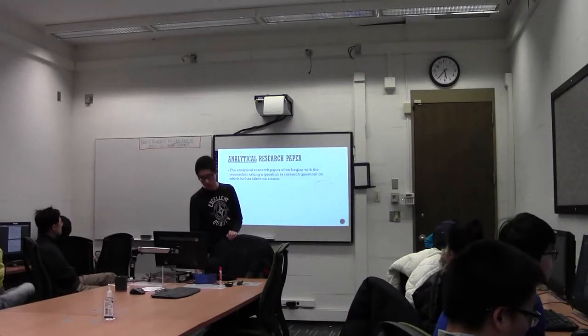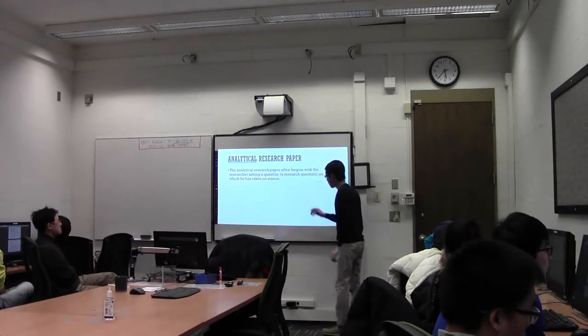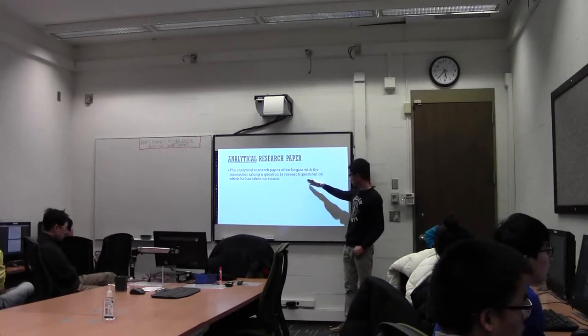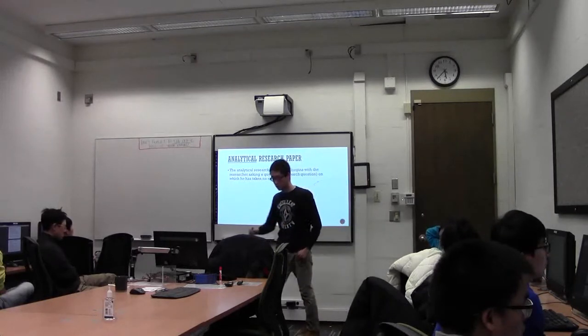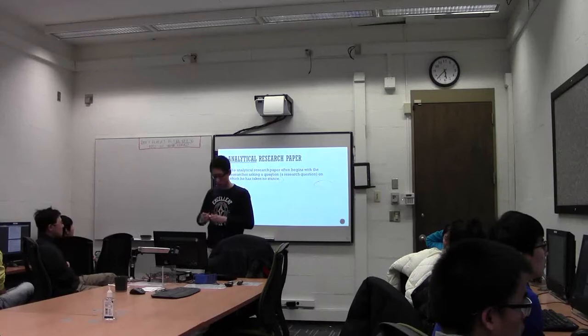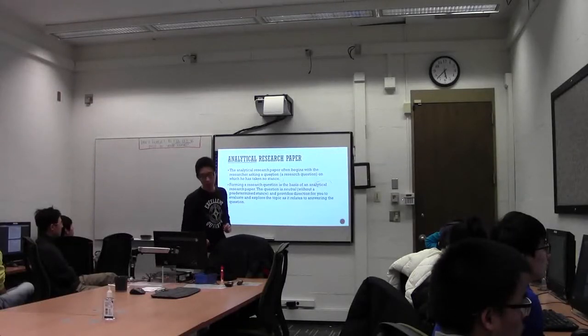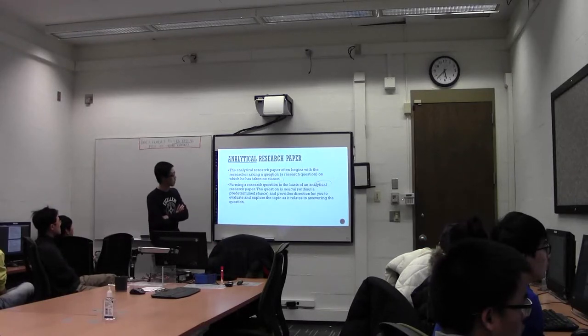But analytical also often begins with the researcher asking a research question on which he has taken no stance. So the key word here is no stance. In an analytical research paper, you have to form a research question, and that's the basis of the paper.